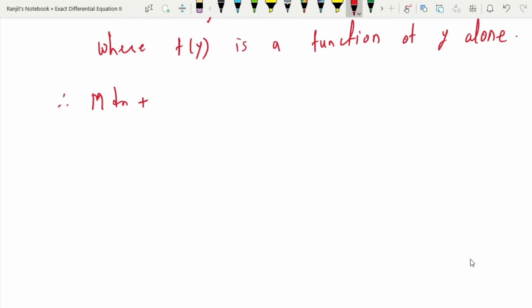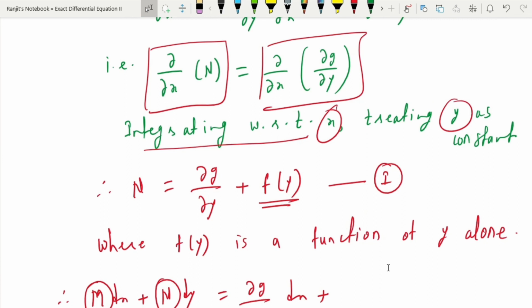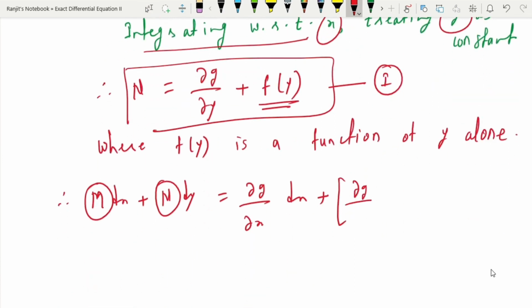Now M dx plus N dy, where M is ∂g/∂x, plus N. Now N from equation 1 is ∂g/∂y plus f of y, dy.